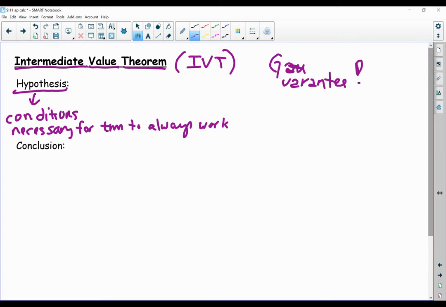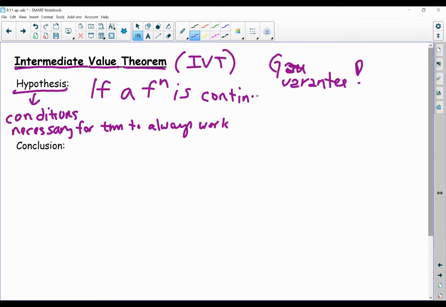So the intermediate value theorem says, the hypothesis, if a function, so there's my little shortcut, is continuous. Let me try. Continuous. So now do you see why we talked about continuity?